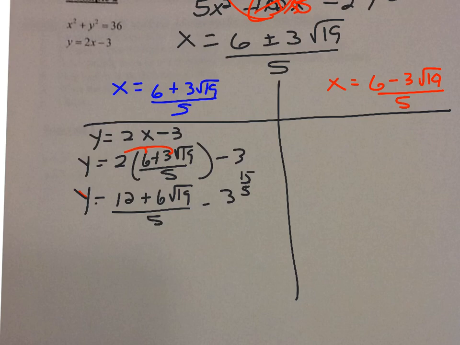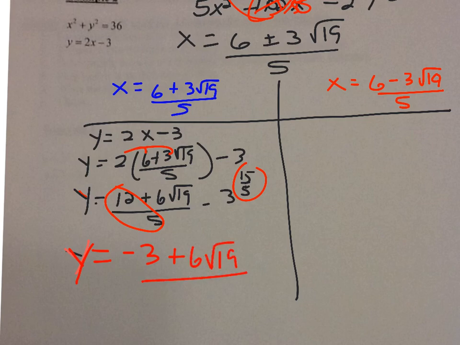So then you can combine the 12 fifths and the 15 fifths, so that is y equals negative 3 plus 6 times the square root of 19 over 5.